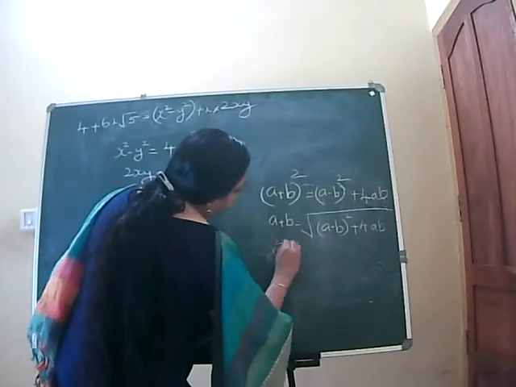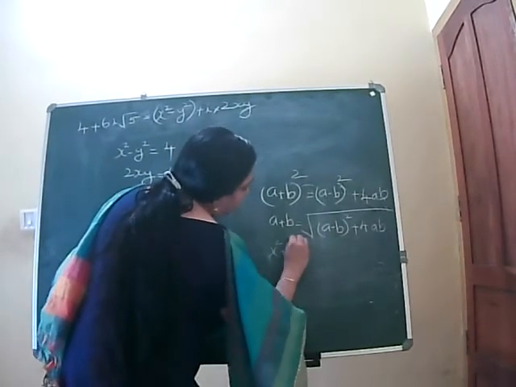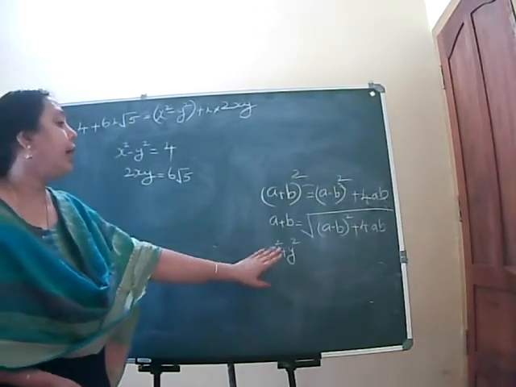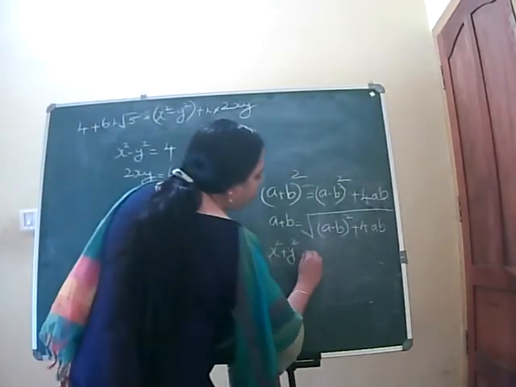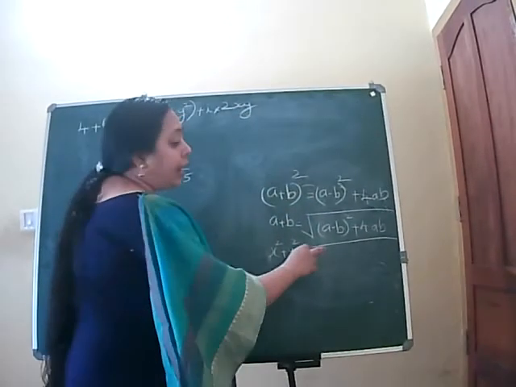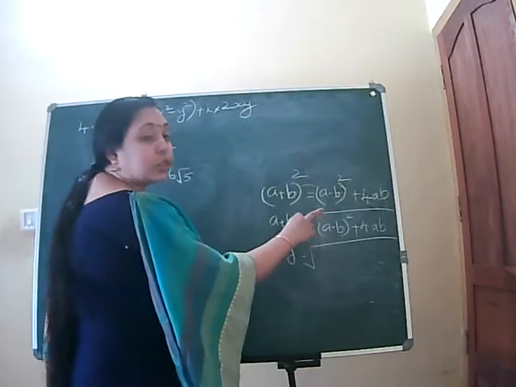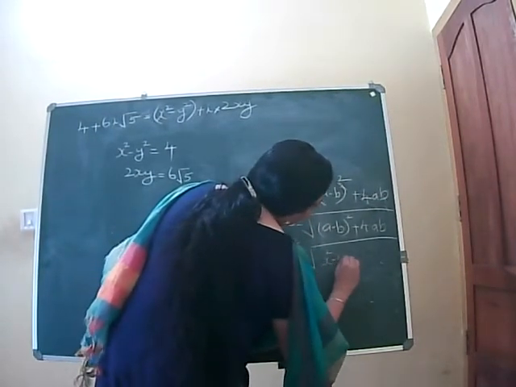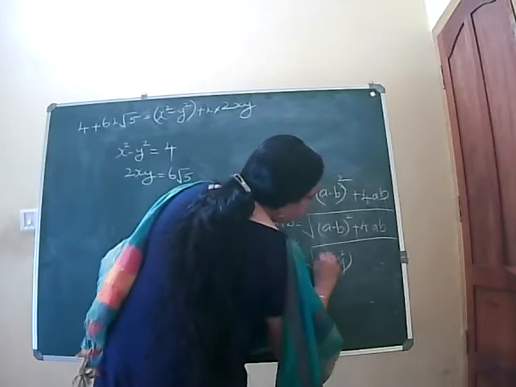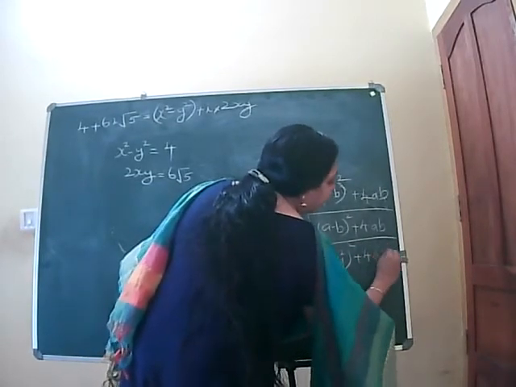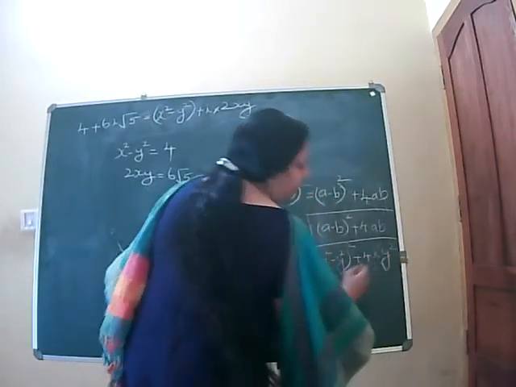Then this becomes x square plus y square is equal to square root of x square minus y square the whole square plus 4x square y square.